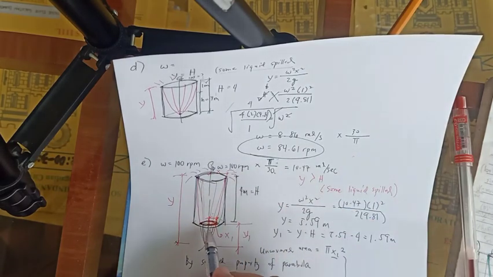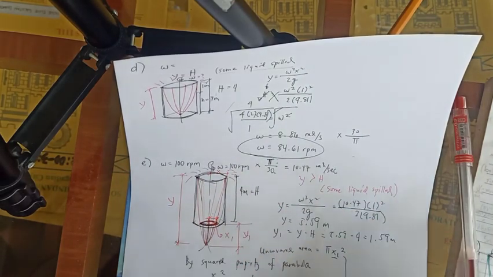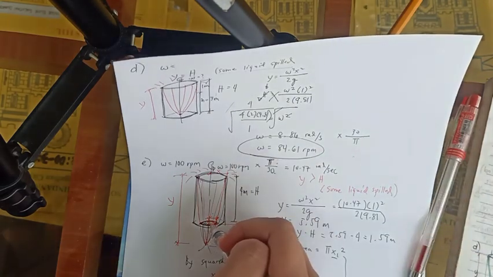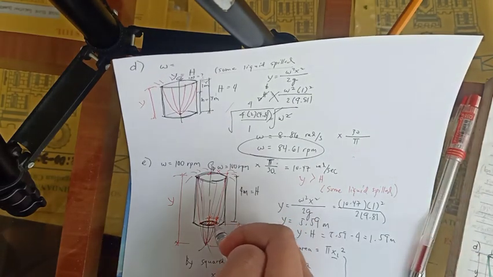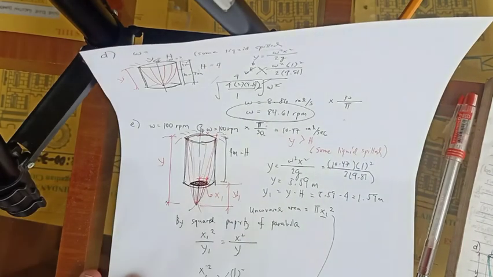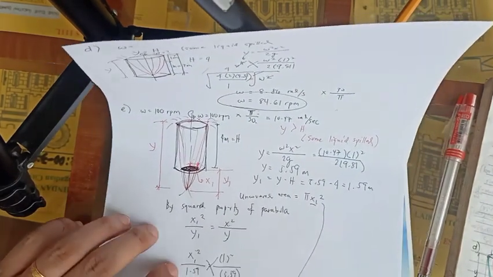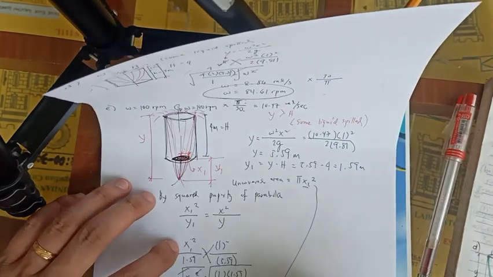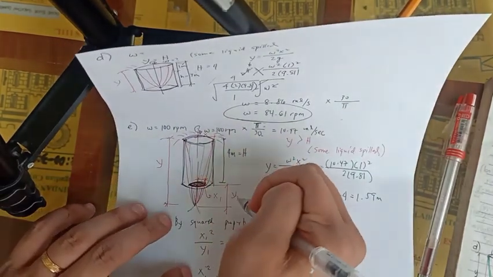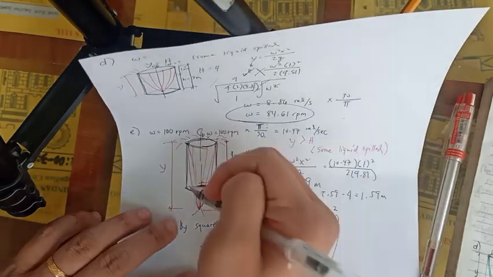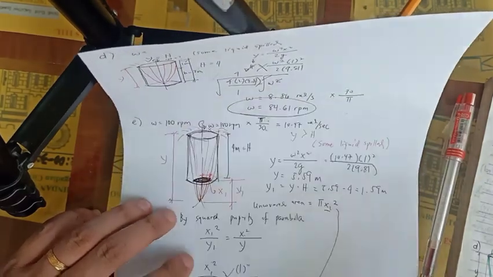To be specific, this one. Not the paraboloid, but this one, the bottom of the vessel. If it involves the volume of the uncovered, then y sub 1. But it is area, so this one only.